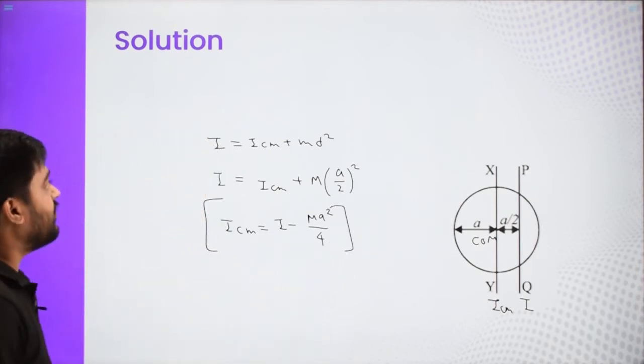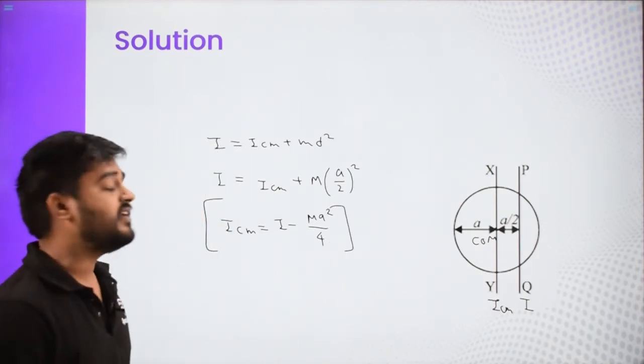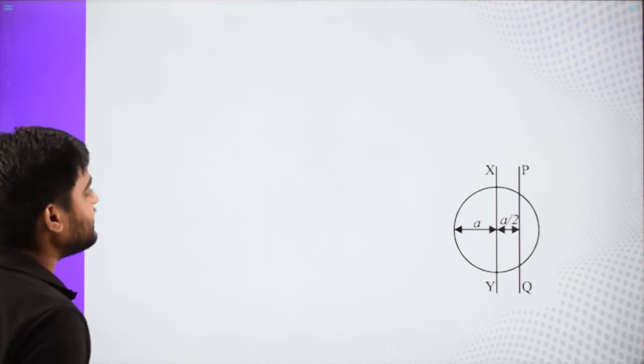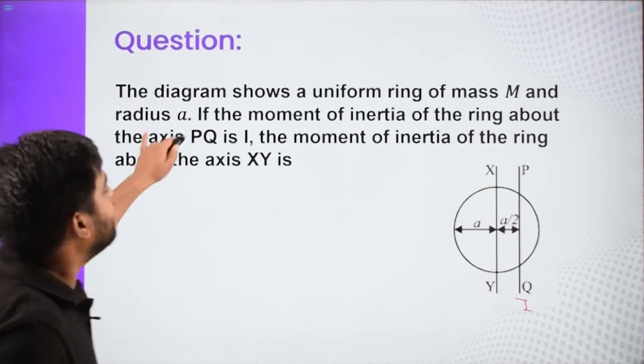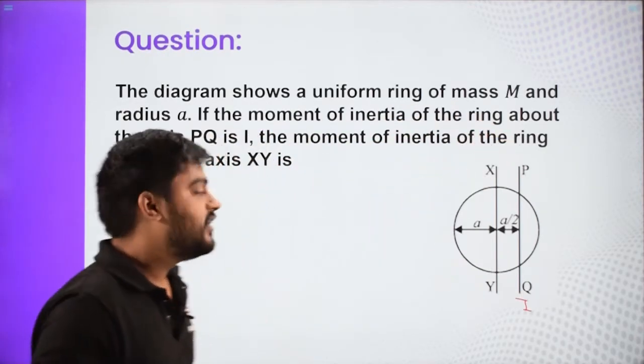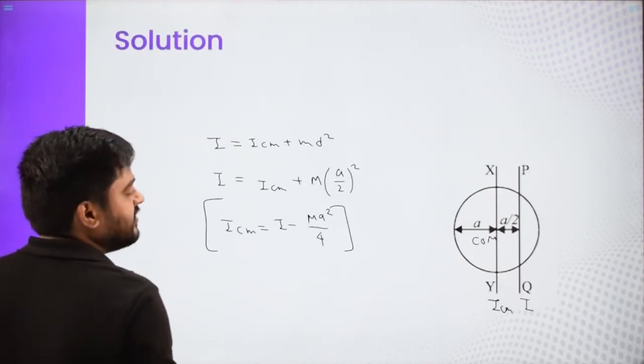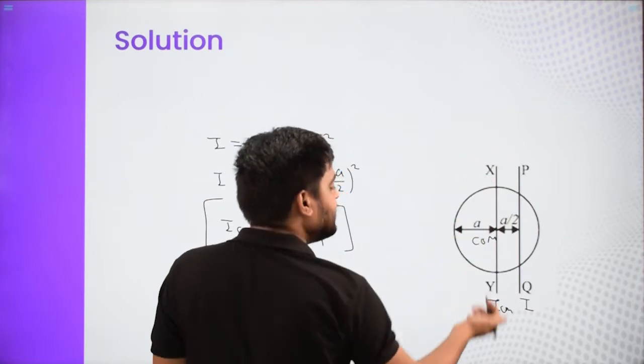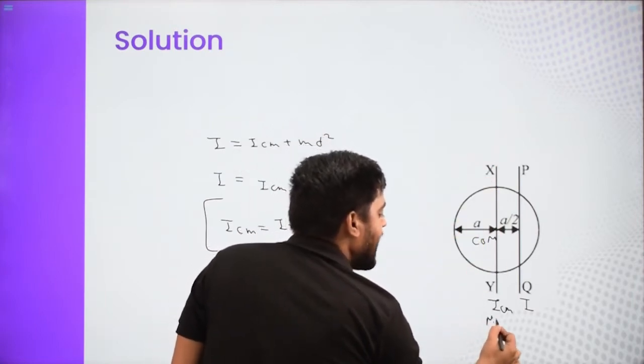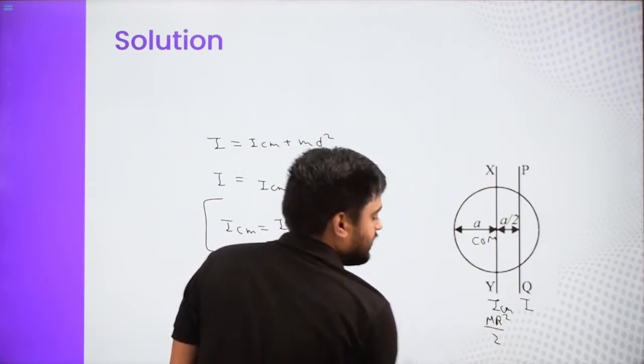Now, if we want to get the answer further, I will say that this is a uniform ring. We already know that for the uniform ring, the moment of inertia is MR square by 2, right?